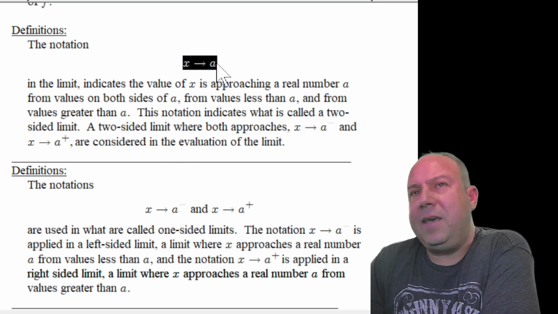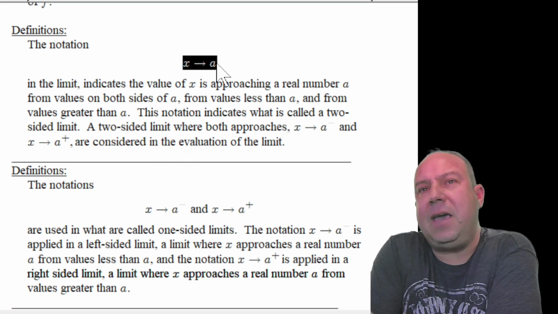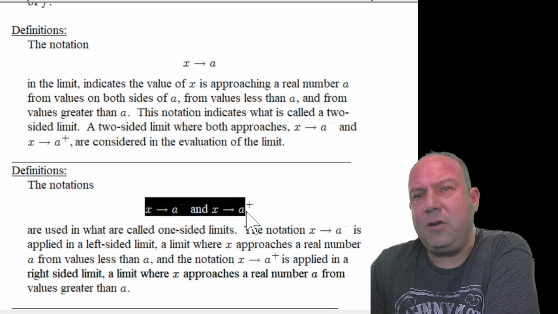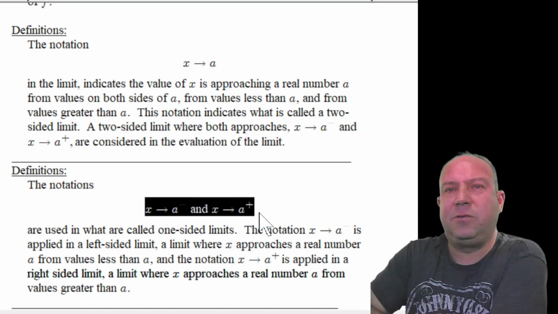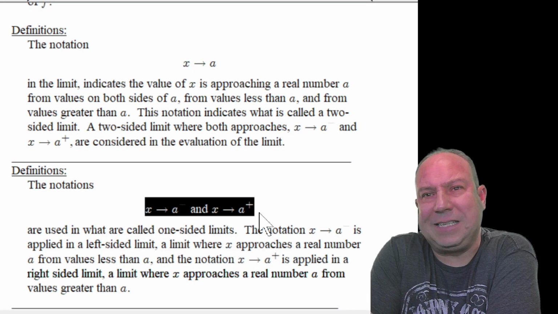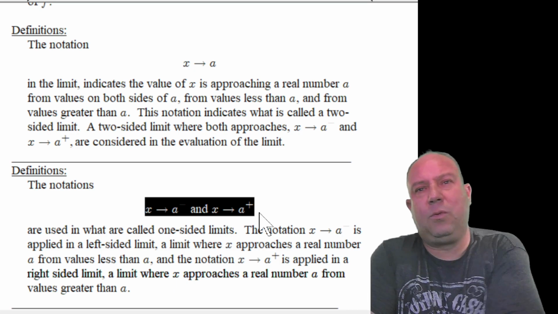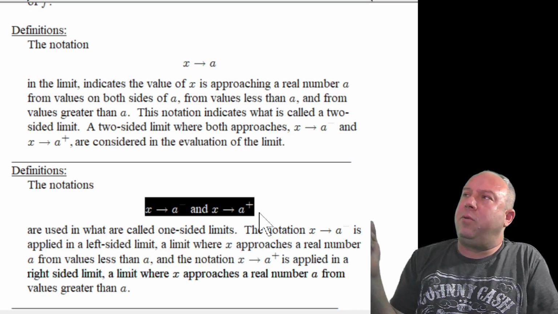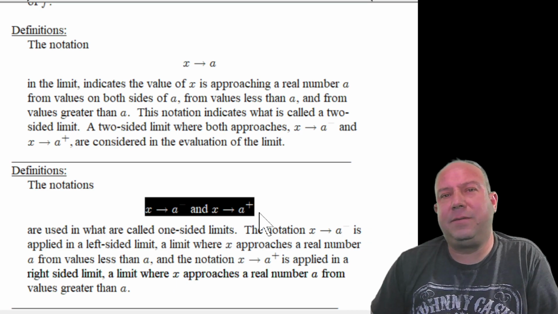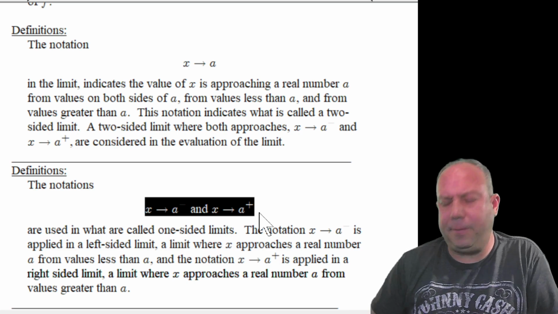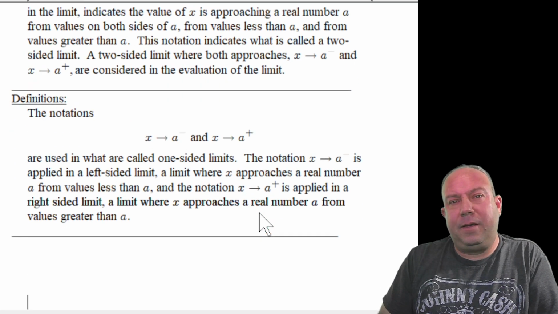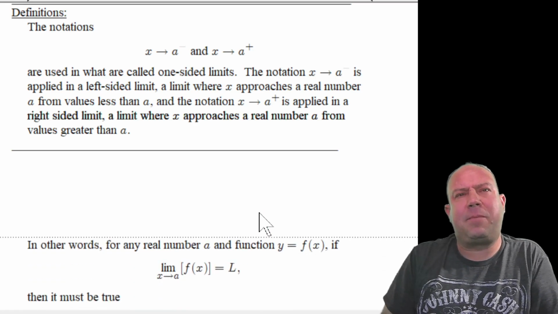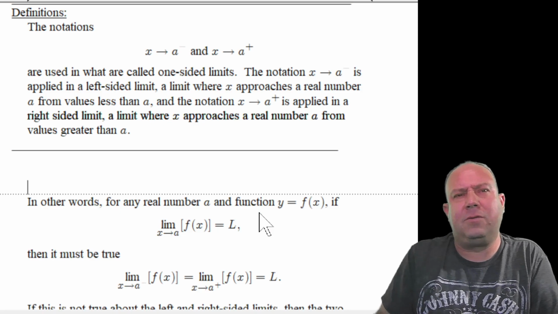When we say x is approaching the value of a, it implies that our independent variable x in the function is behaving in both of these ways simultaneously, in a sense. That not only are we approaching from the right-hand side, but we would also be approaching from the left. I first start by just reiterating that idea, and I believe that's come out in class and also earlier in the notes.